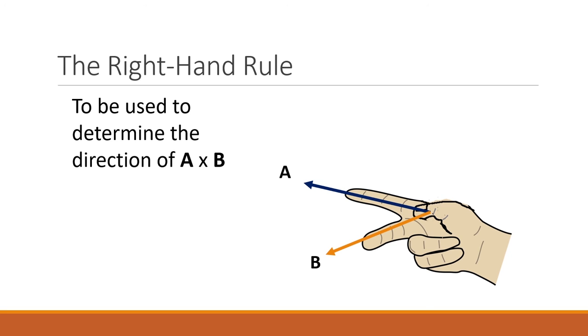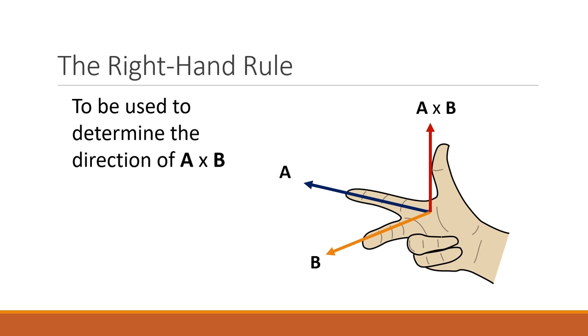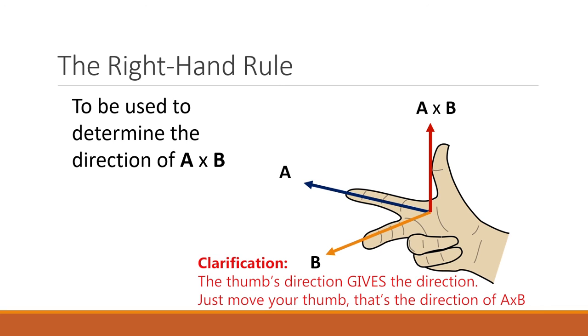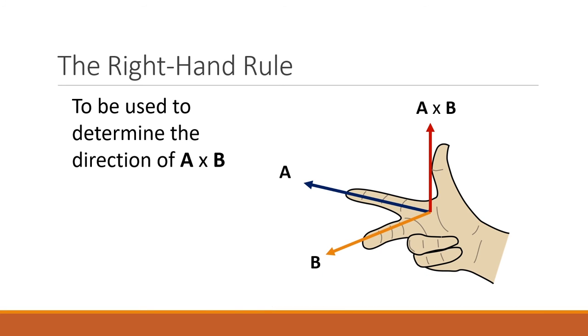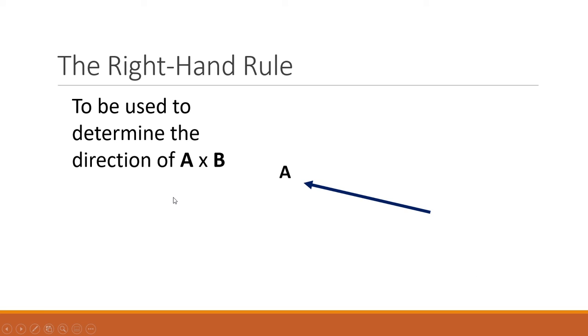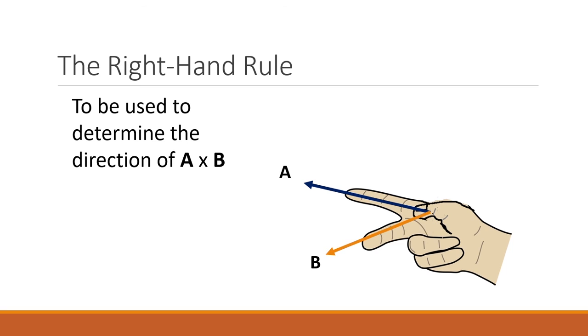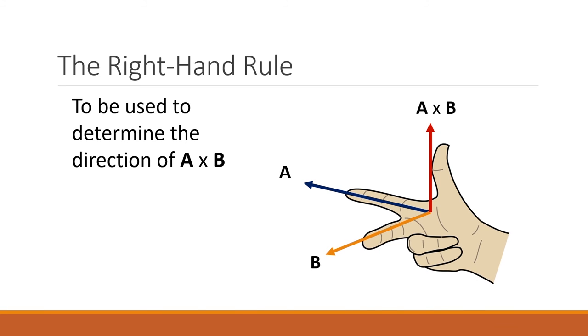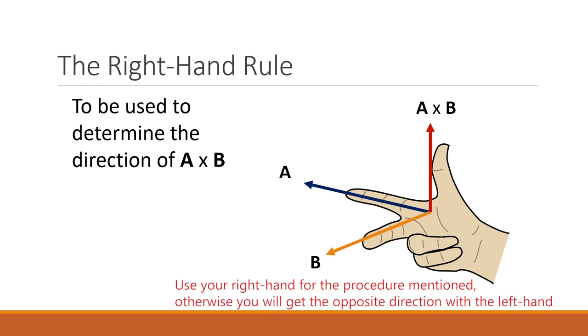A and B. And then you have an intersection, and A cross B is the direction of the thumb. That's it. If you want, you can rewind the video and you'll see that it's just like that. A is the index finger, B the middle finger, A cross B the thumb. That is why it's called the right hand rule.